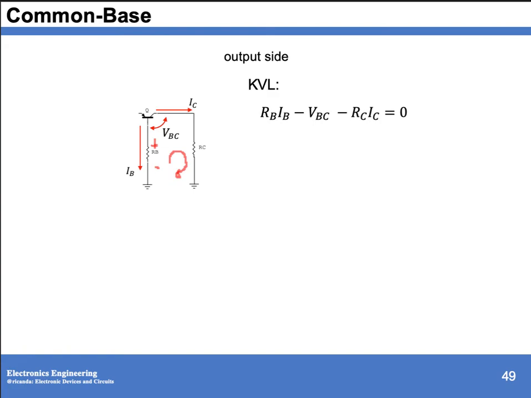So solving for your voltage base-collector, that is equal to RB IB minus RC IC, since we already have IB as well as IC.